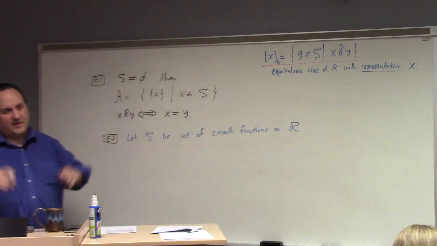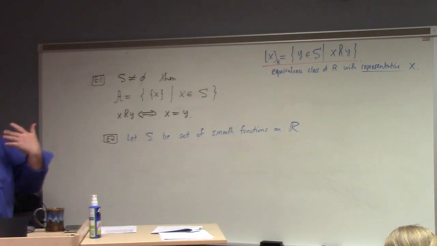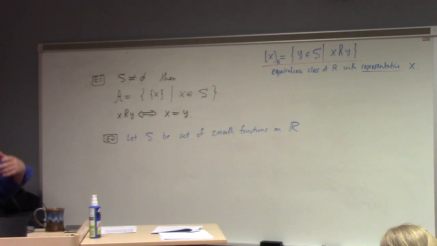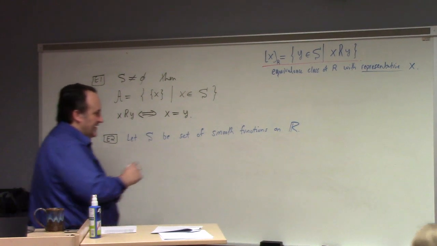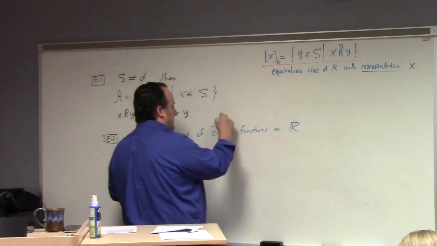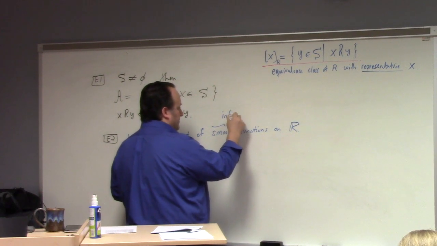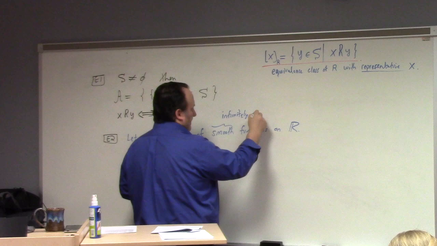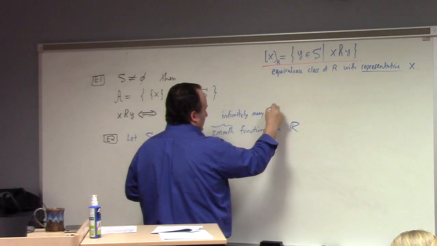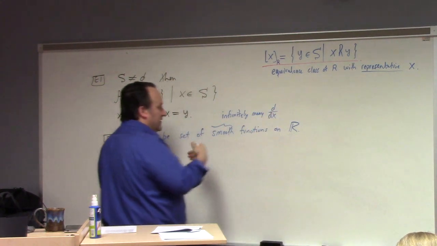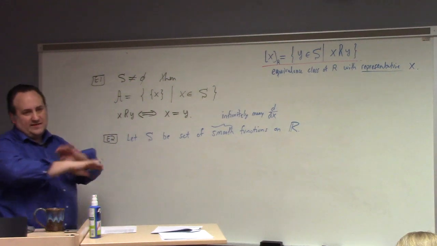Now, we'll talk more carefully about what a function is eventually, but you guys already know: you get an input, you get a single output. This word smooth means that you can take infinitely many derivatives. You can take the derivative of one of these functions as many times as you like.